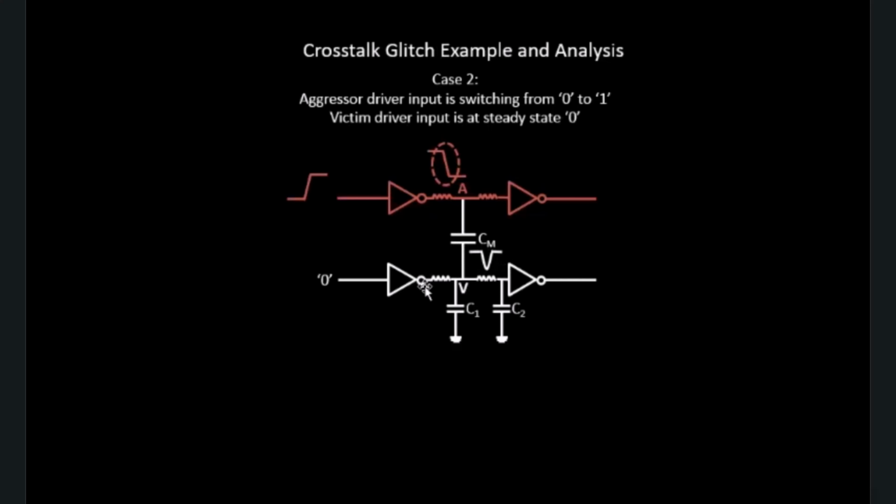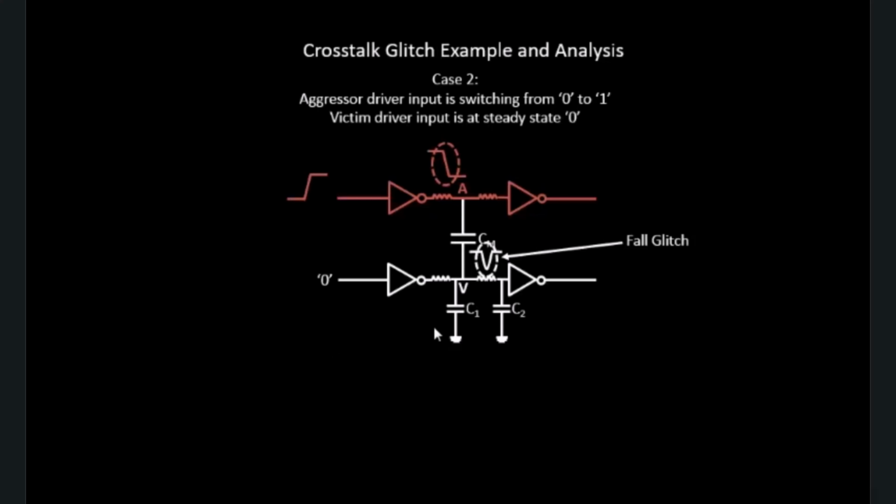And again, as we saw in the previous lecture, we will open up this particular inverter. First of all, this is called a fall glitch, and the reason is quite obvious: it is falling from logic 1 voltage to some potential which is less than logic 1. So that's why it's called a fall glitch.